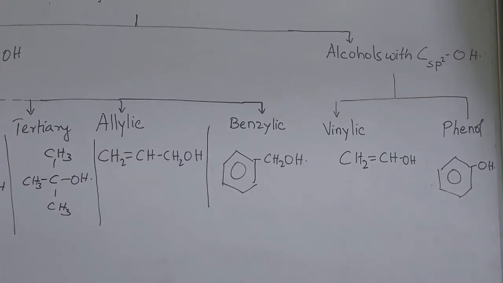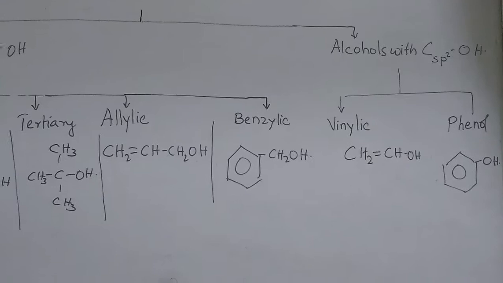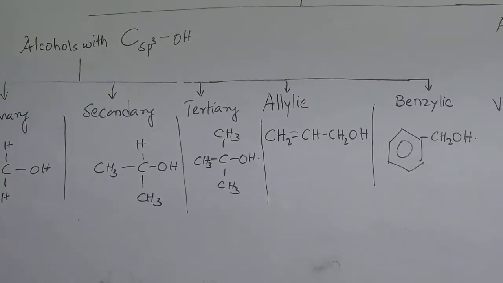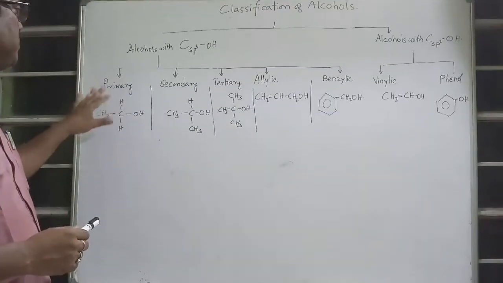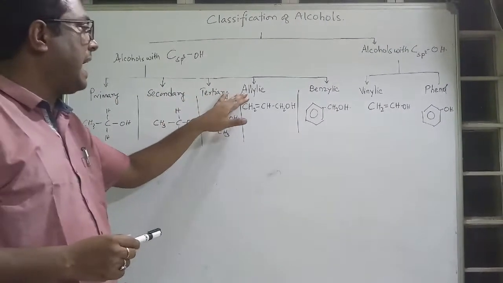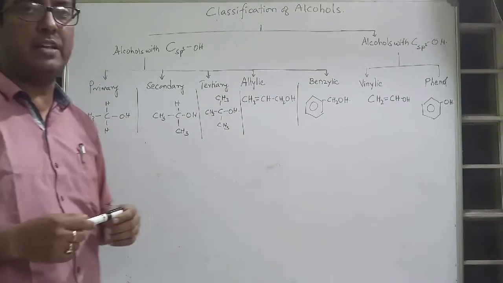This is the first thing that you should keep in mind. Now, alcohols that bear an sp3 carbon atom we divide into primary alcohol, secondary alcohol, tertiary alcohol, allylic alcohol and benzylic alcohol.